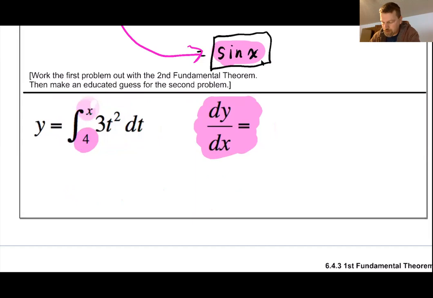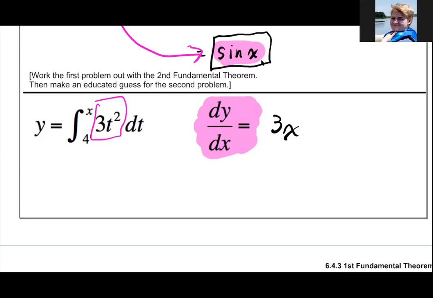The only thing that's going to change for this particular function is because I'm plugging an x in place of the t, I'll have the same exact thing out, but instead of a 3t squared, what will my answer for the derivative be? 3x squared. That's all there is to it. That's a fairly major concept.